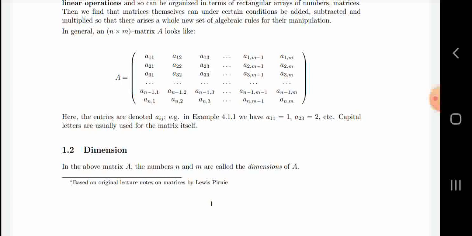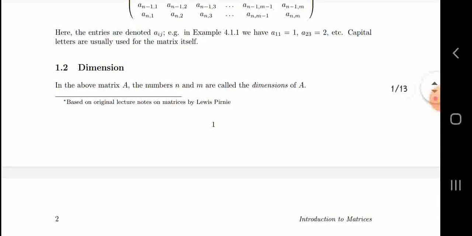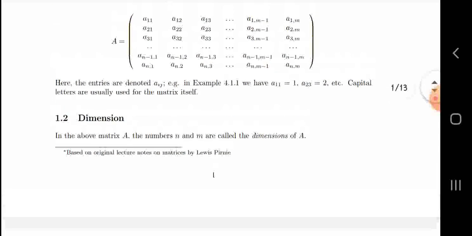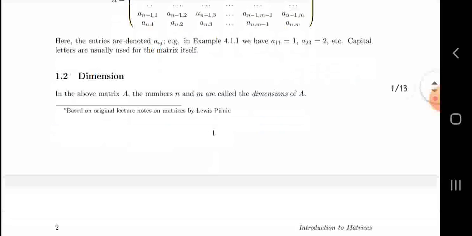Both of these you can say are the dimension of A. If they have given some other matrix and some other numbers, then you can say those numbers are the dimension of that matrix.